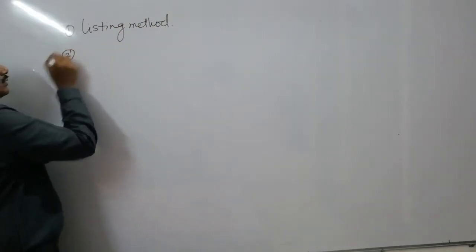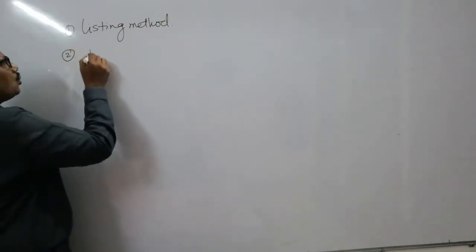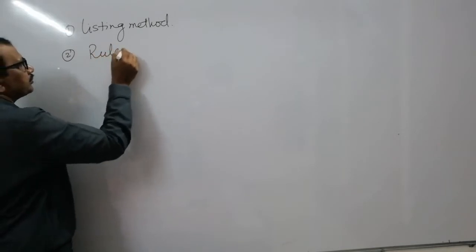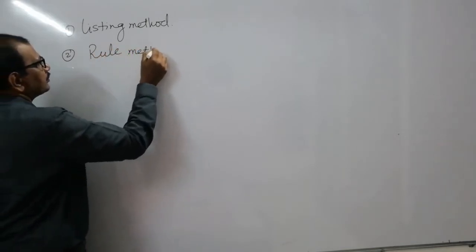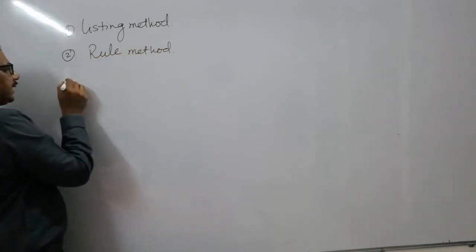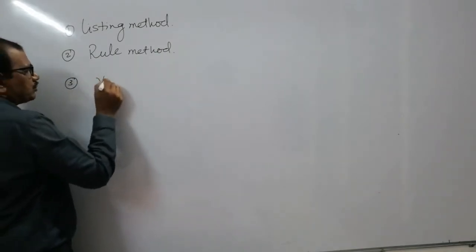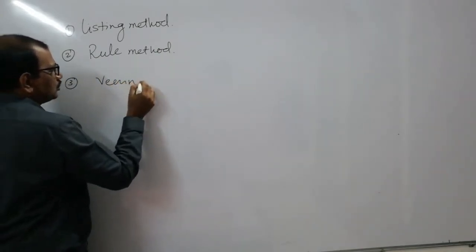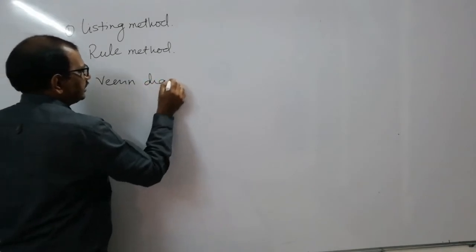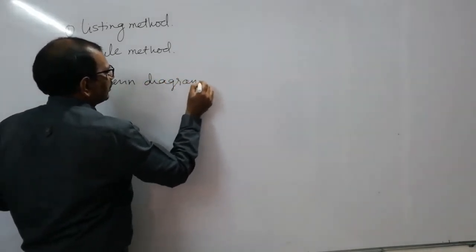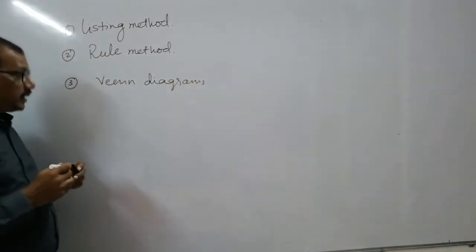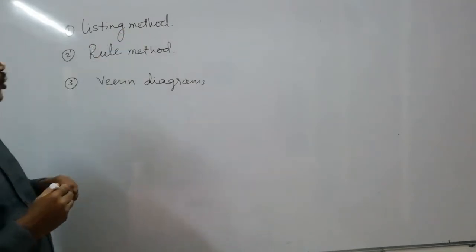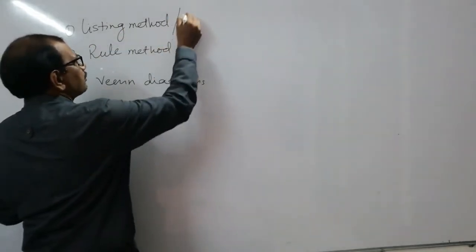The second one is known as rule method. And diagrammatically, we make use of diagrams to show sets, Venn diagrams. They are called as Venn diagrams. ये जो listing method है is also known as roster method.